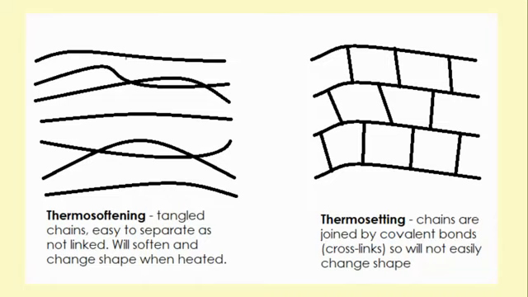If you've got links between these chains, it makes it less flexible. These chains can no longer move past each other, and therefore it's less flexible. These chains are joined by covalent bonds, and covalent bonds we know are very strong, so you can't separate them easily, so it can't change shape.